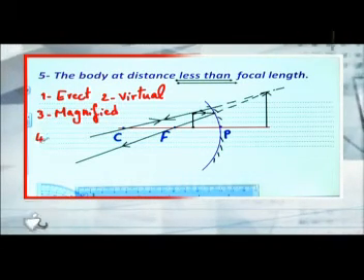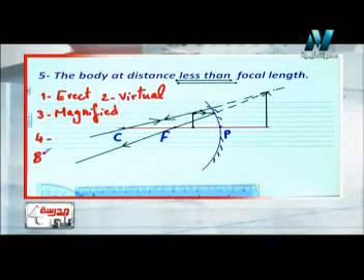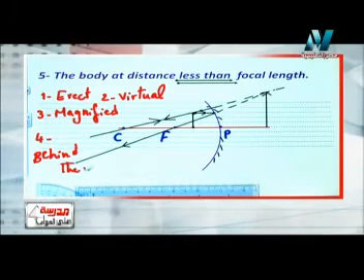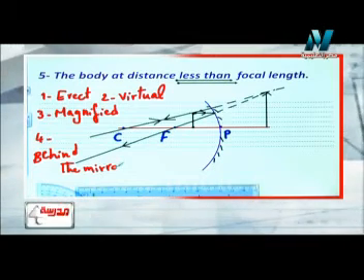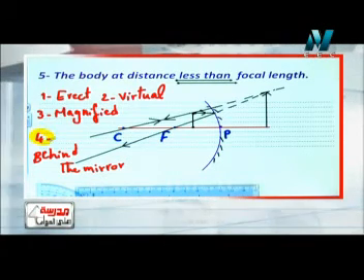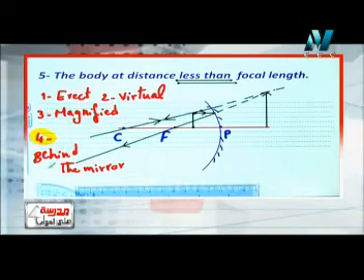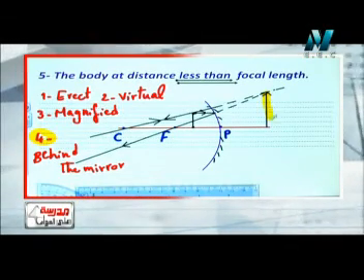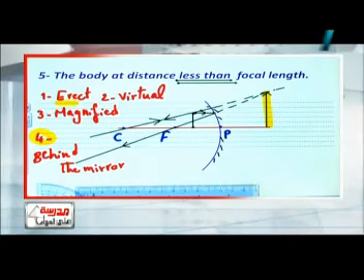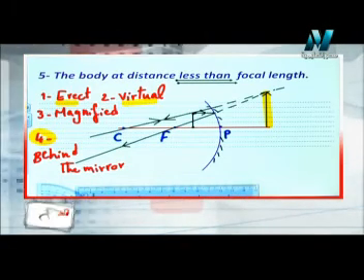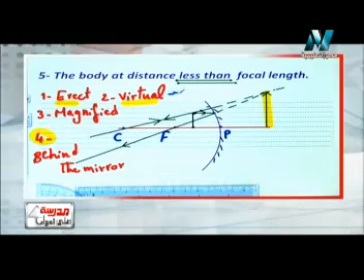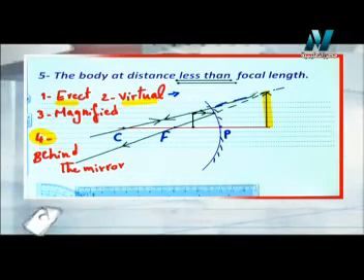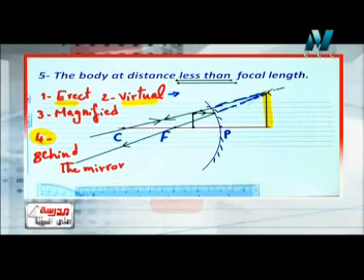Number 4, behind the mirror virtually. تخيليا مفيش حاجة ورا المراية طبعا احنا عارفين يعني. So the image here is what? Is erect. Virtual. Why virtual? طب انا جاوبها ازاي virtual دي؟ Virtual because it is formed due to intersection of extensions of reflected rays.